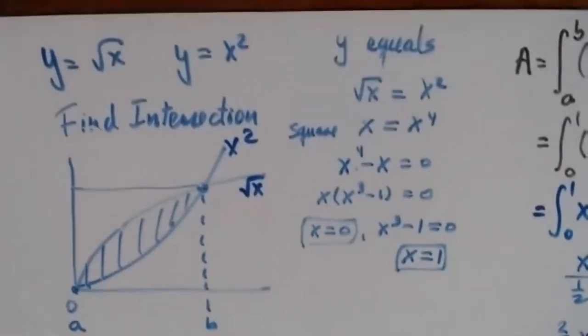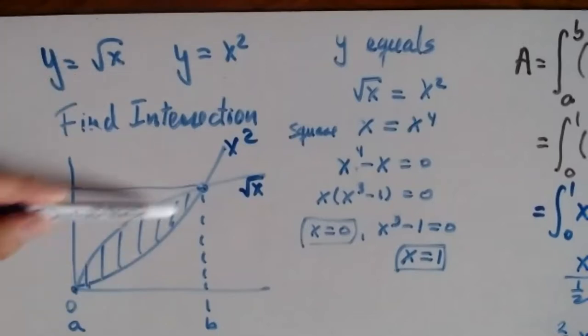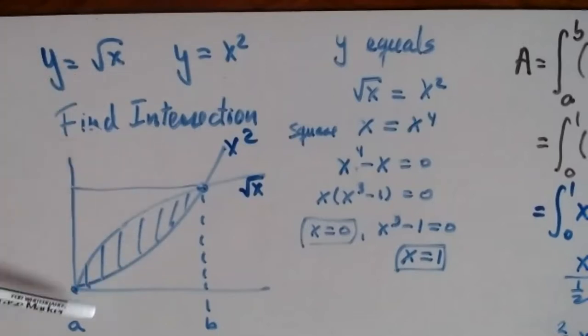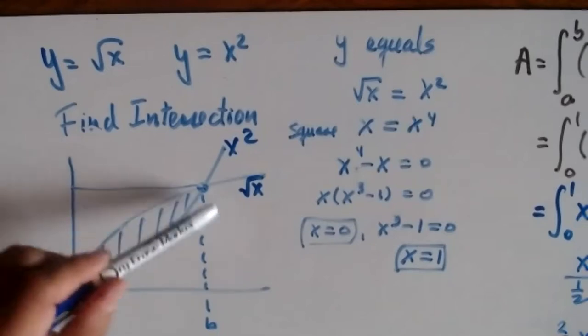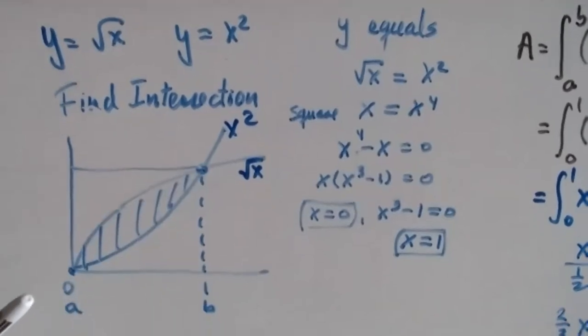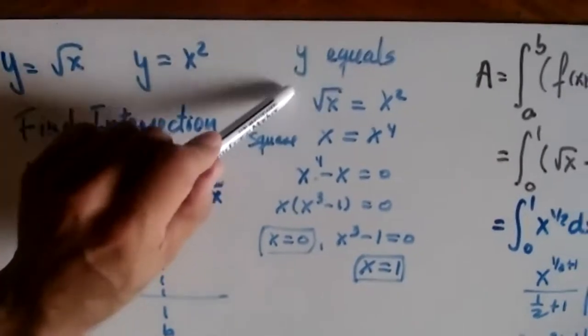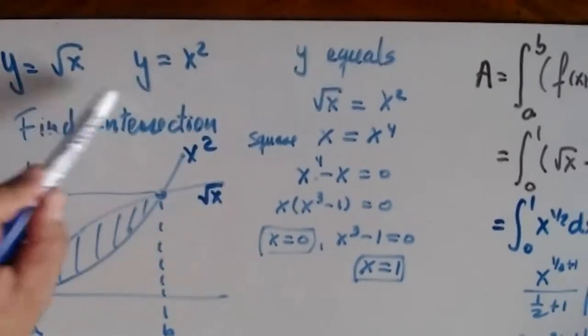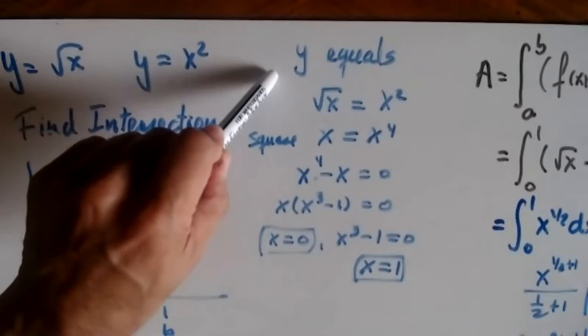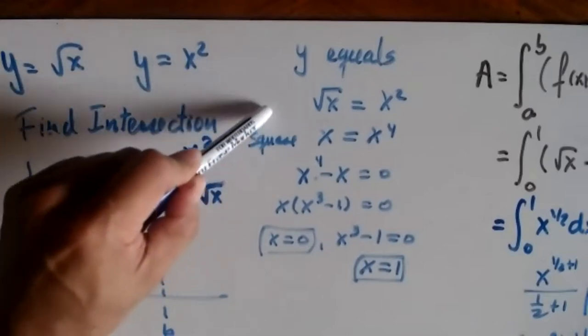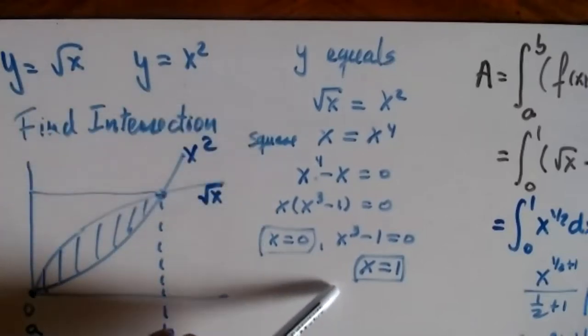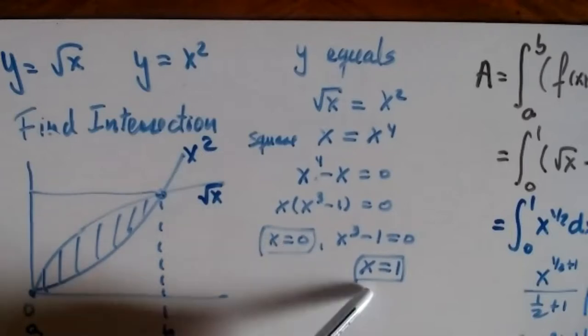So again, you want to find the area between these two curves. They intersect, okay. So you are going to find the area of this oval right here. So the first thing you need to know is where they intersect, the x's for those intersections. So you have to do algebra, so they are equal when the y's are equal. Then you make these two equal. Then you solve the equation algebraically, and then you find 0 and 1.